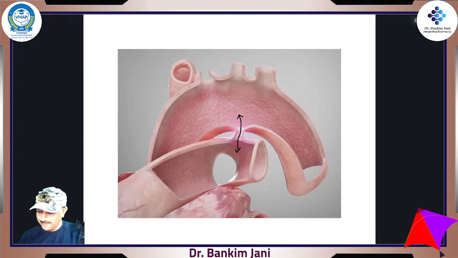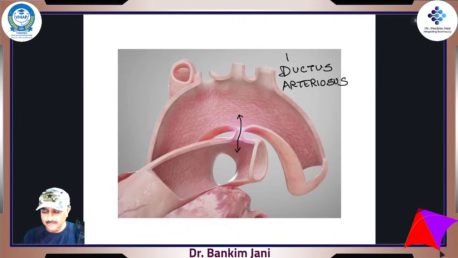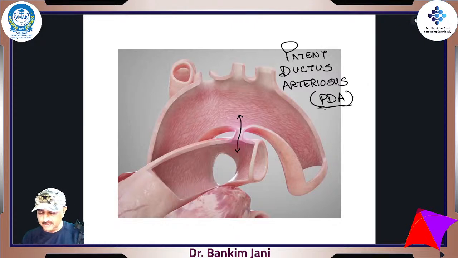Yeah, ductus arteriosus, but make it complete, right? Ductus arteriosus, patent, right? Add patent. Yes, exactly. So this is PDA. From this point onwards, we'll be calling it PDA, patent ductus arteriosus.